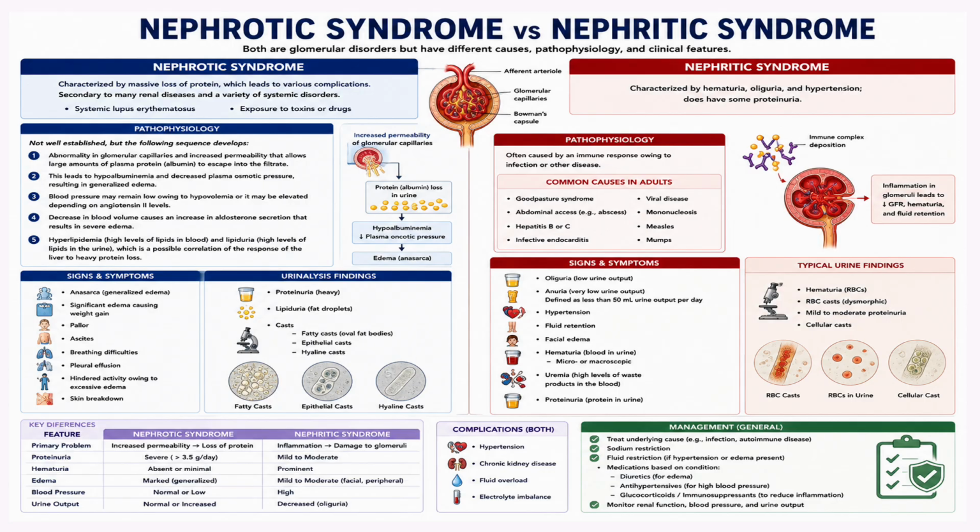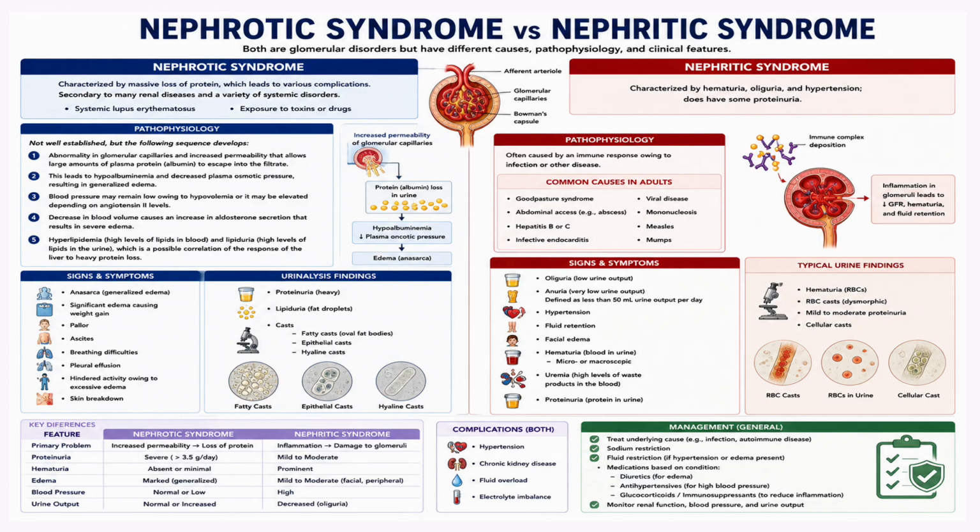This allows fluid to shift into tissues, causing generalized edema or anasarca, right? So basically the fluid can't get pulled into the vascular system, and so it's in the tissues causing edema. Patients commonly develop hyperlipidemia and lipiduria, lipids in the urine.